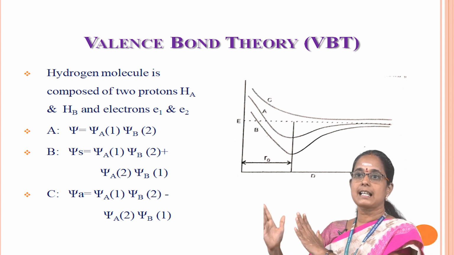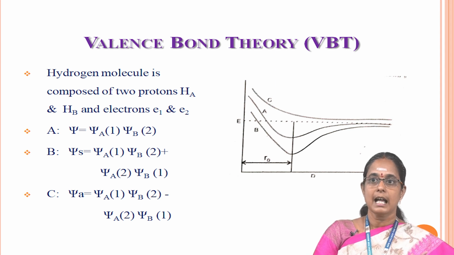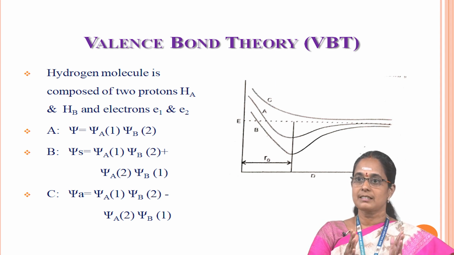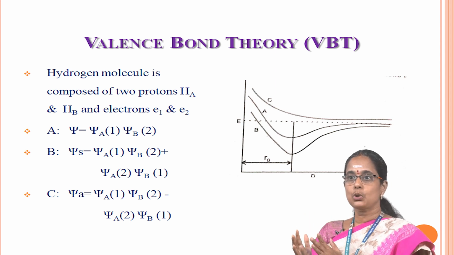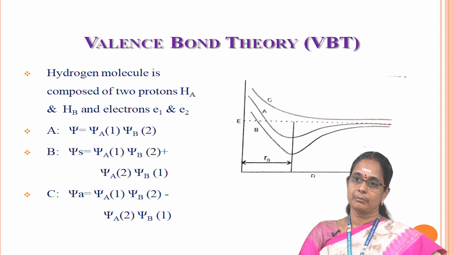In the first state, HA has electron 1 and HB has electron 2. In state 2, HA has electron 2 and HB has electron 1.